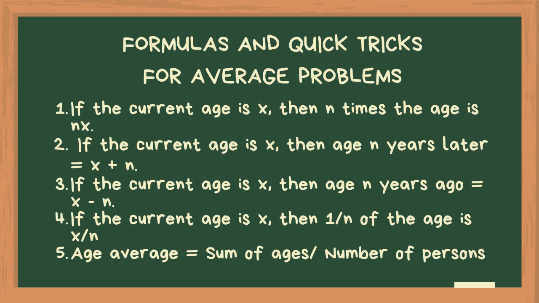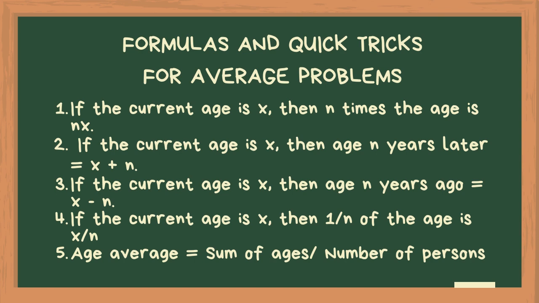For the first, if the current age is x, then n times the age is n times x. The second, if the current age is x, then the age n years later will be x plus n. The third, if the current age is x, then the age n years ago will be x minus n.